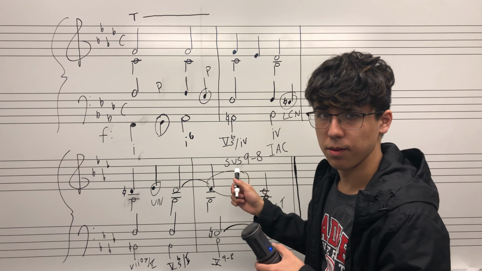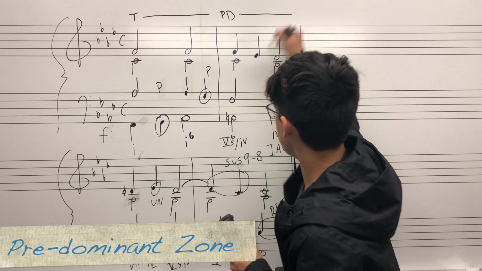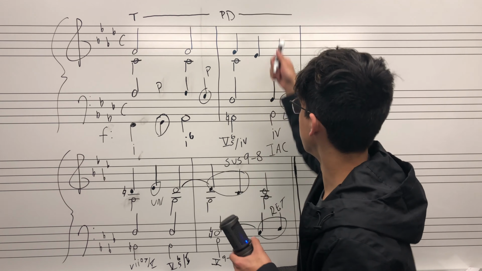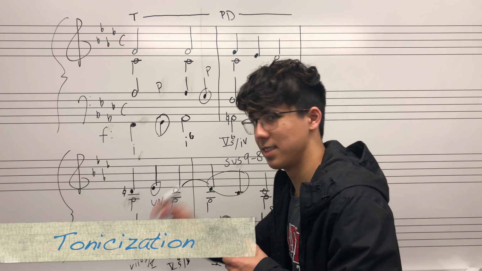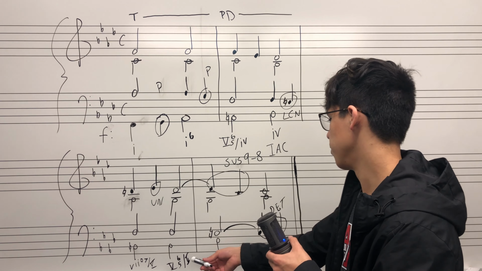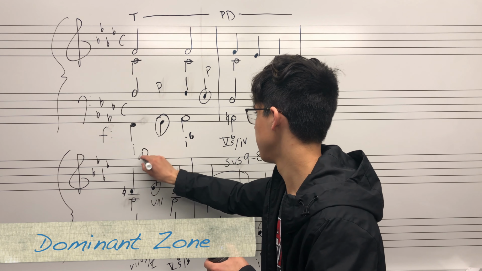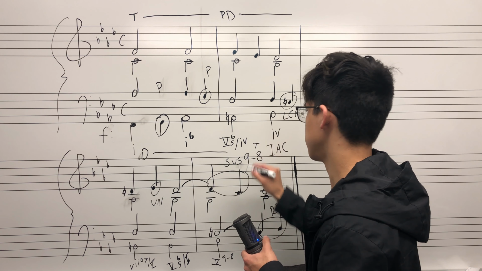There's a lot of 4s here. I'm going to label it as a predominant zone, including this applied chord, and we're going to move down here. Looks like we have our applied chord, a tonicization is what we call it, of 5. So 5s all the way to here, we'll call that dominant. And then tonic is at the end, so we just label T.